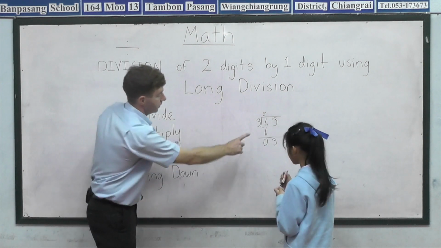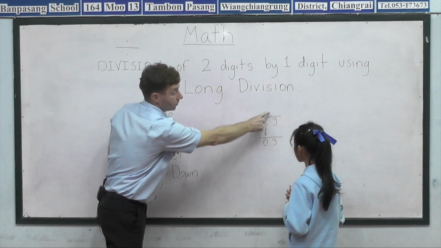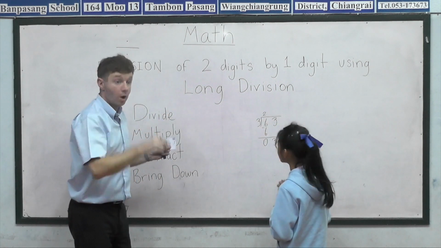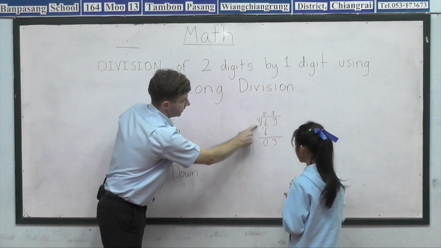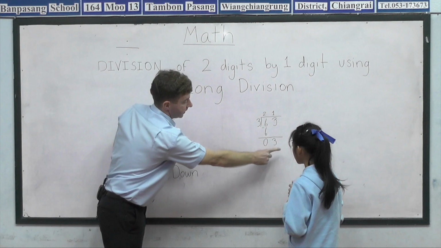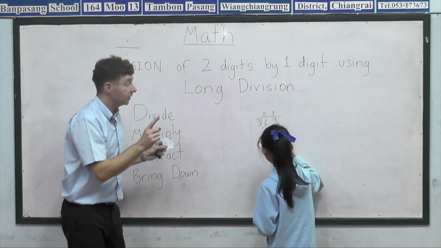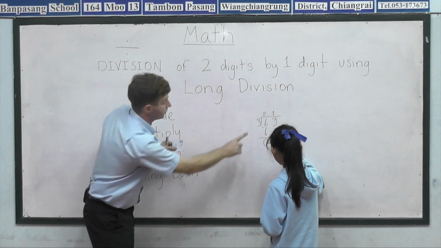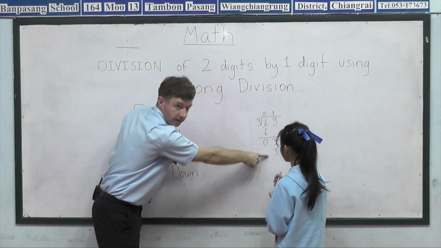Excellent. 3 divided by 3 equals 1. Sorry, 3 times 1 equals 3.